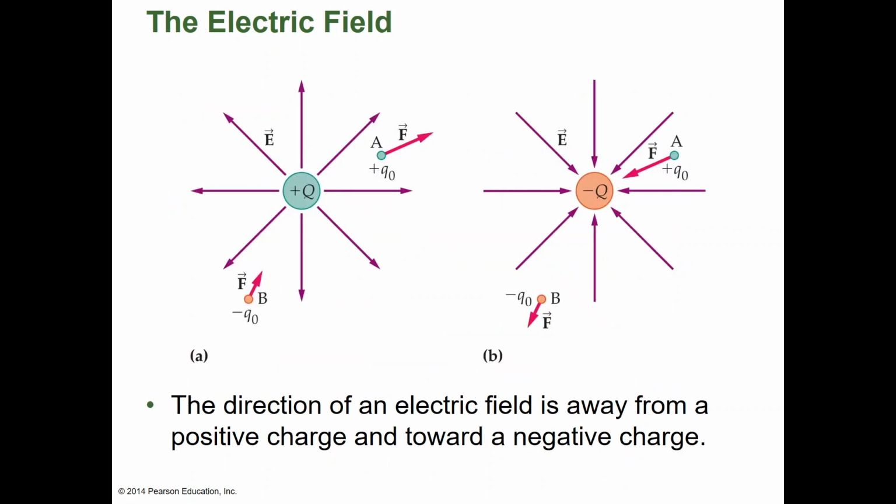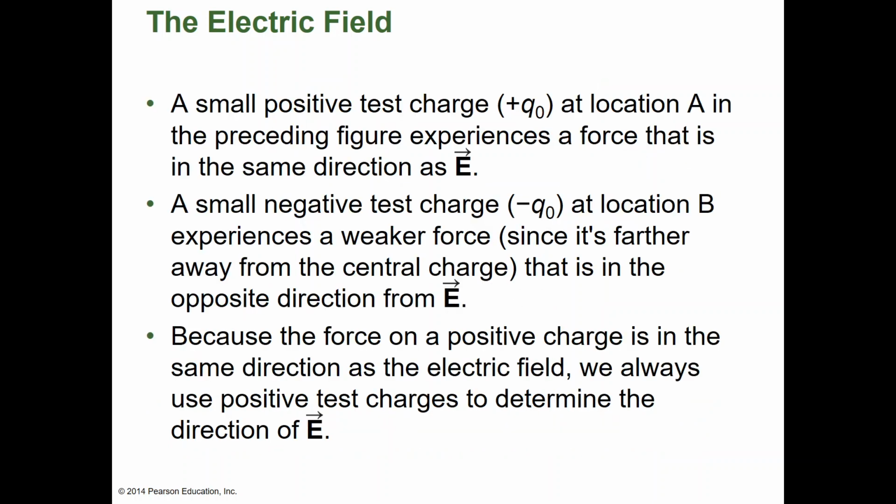So putting a small positive test charge in a positive charge environment, arrows point away, and for a negative charge, they point toward. If you put a negative charge next to a negative charge, it still points away. Usually, unless otherwise mentioned, you assume your test charge is positive.